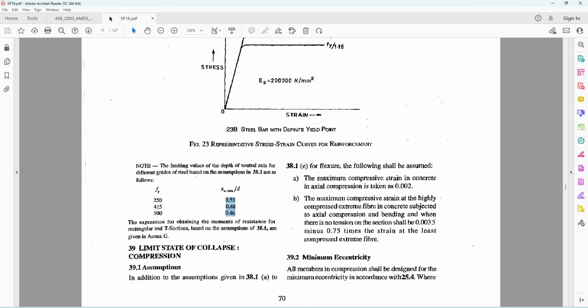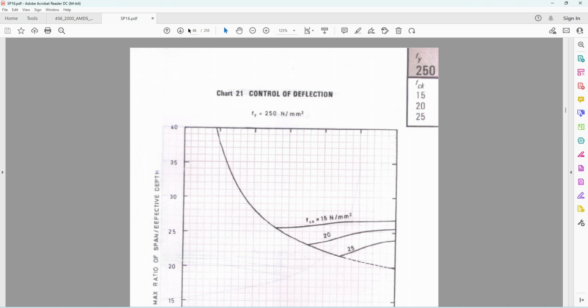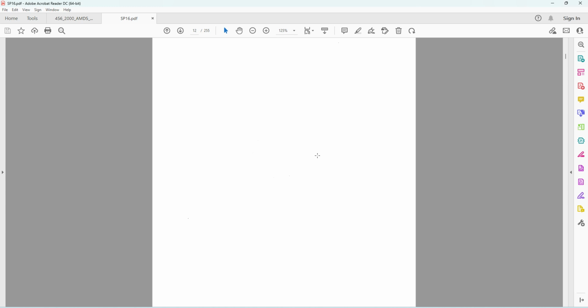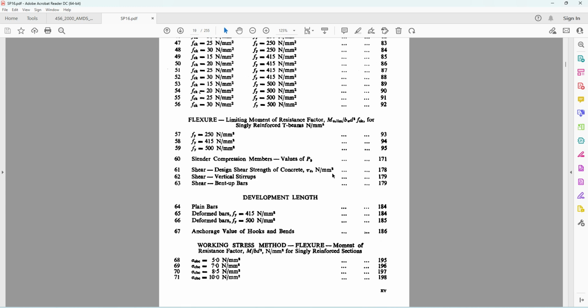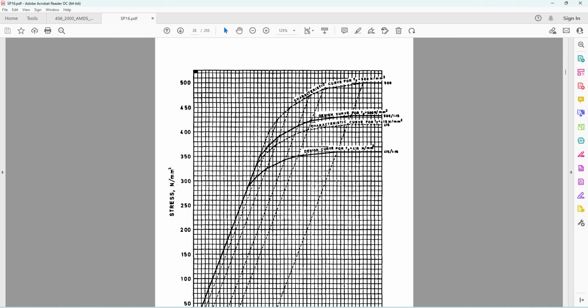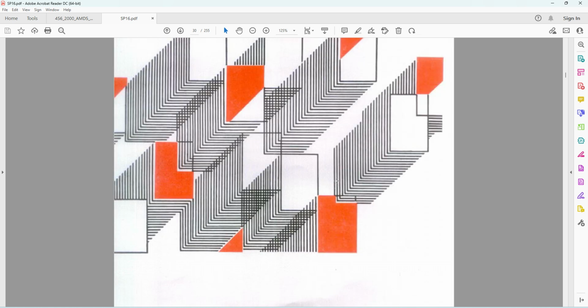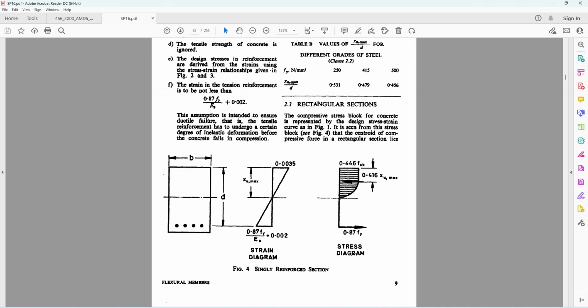So similarly check SP 16. So in SP 16 page number 9. See here, table B. For 250 it is 0.531, for 415 0.479, for 500 it is 0.456.